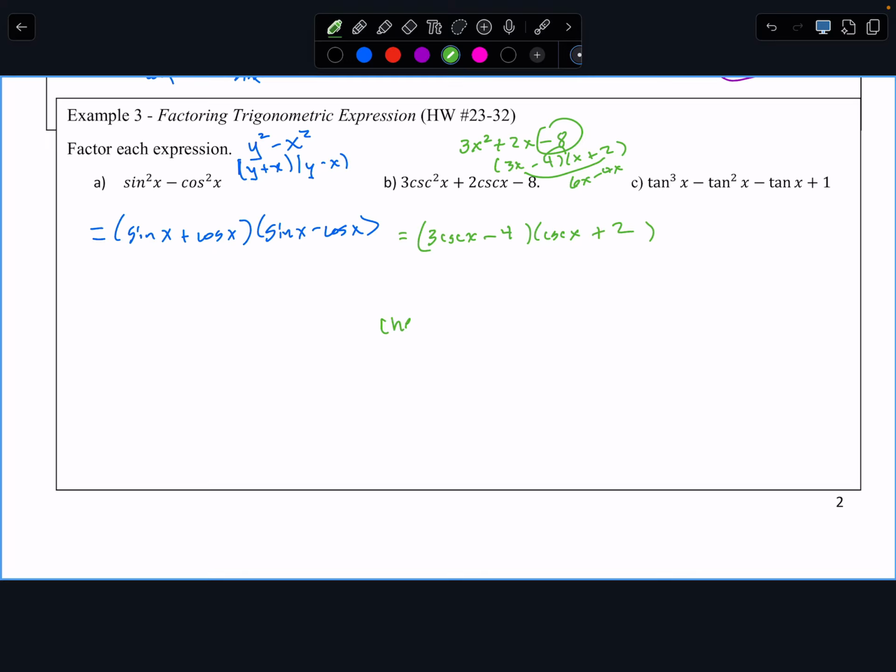And your check is if the outer product plus the inner product add up to be a positive 2 cosecant x. If you FOIL them back out, do you get what you started with?